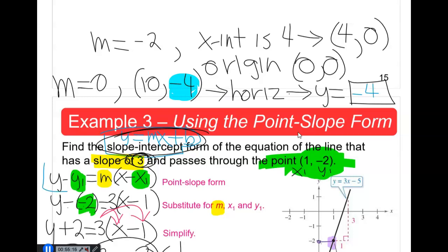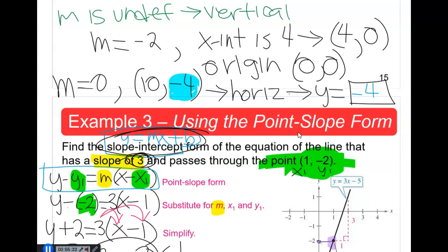So you're not always going to start with the point-slope form. What if they tell you the slope is undefined? Well, that means you have a vertical line. And if you have a vertical line, then your equation will be x equals a number. And if they give you a point, let's say they say the x-intercept is 5.